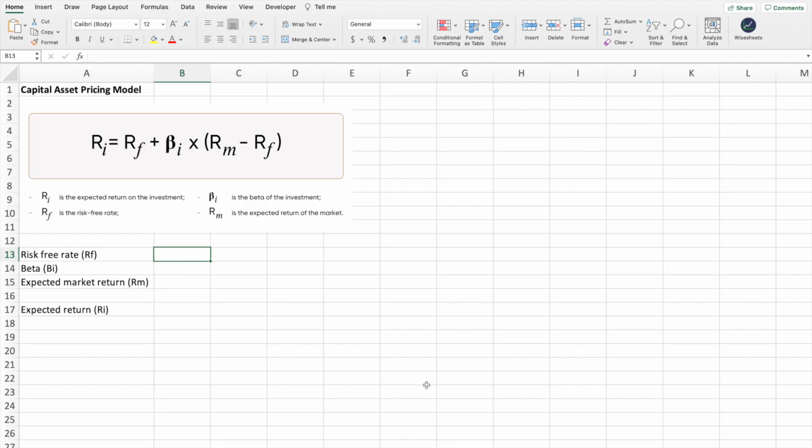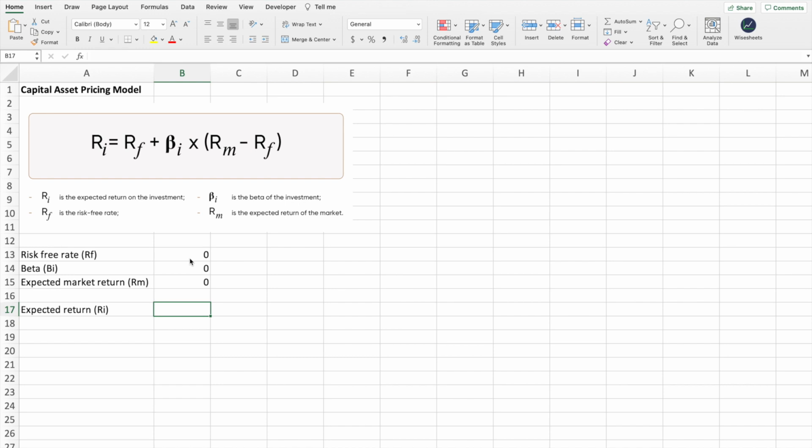Okay, so now that we went over the formula, we're going to calculate the expected return based on the formula. Right now we're going to leave these values empty, and then you'll see that we're going to populate those values using Apple as an example. But first, we're going to calculate the formula itself.